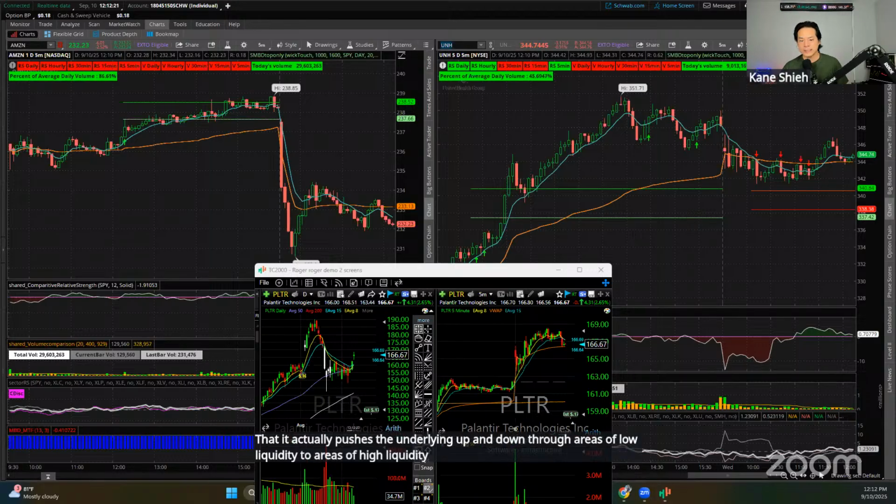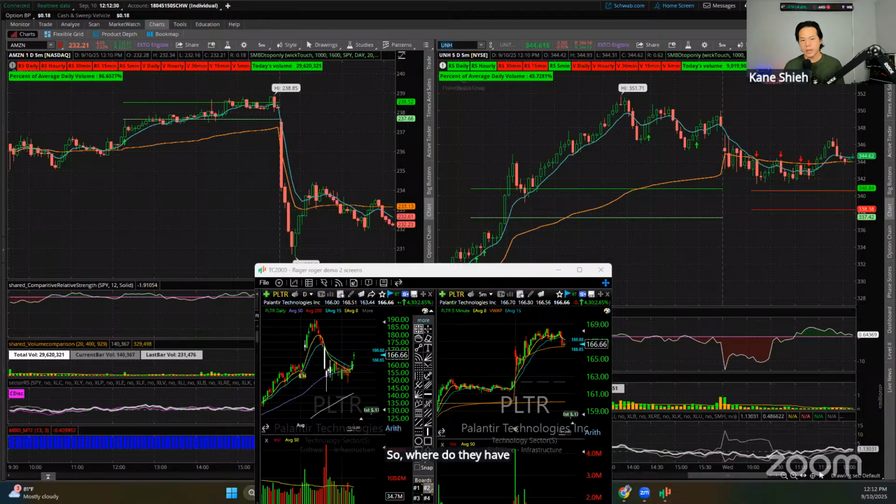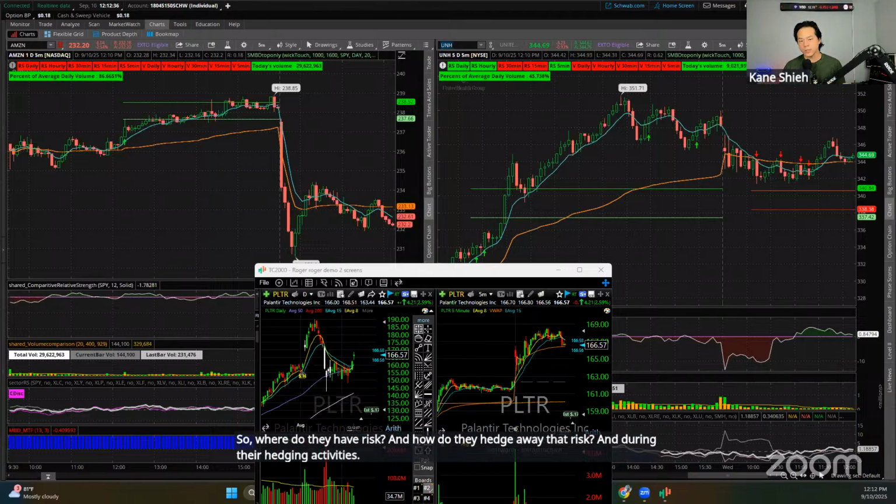And we can see where the market maker is going to be pushing these prices simply because they have to hedge themselves. So where do they have risk and how do they hedge away that risk? And during their hedging activities, if they represent a large number of shares inside of the market, then they're going to be pushing that underlying up and down.